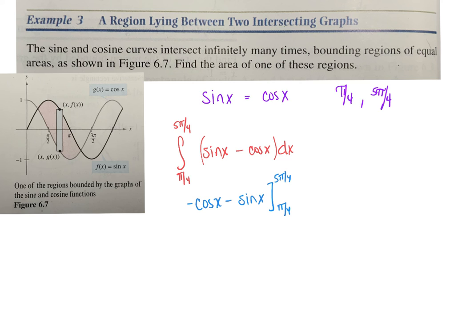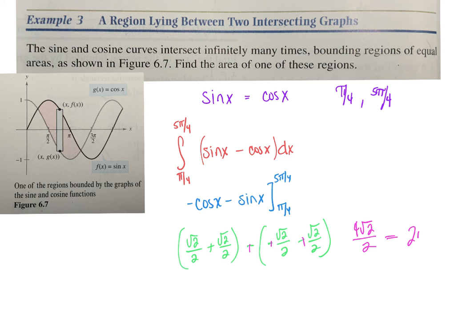At 5 pi over 4, your cosine's negative square root of 2 over 2, but we have a negative in front of it, so we have square root of 2 over 2. My sine is also negative there, so minus a negative, so plus square root of 2 over 2. At pi over 4, it is negative square root of 2 over 2, minus square root of 2 over 2. So if we do this through, we have 1, 2, 3, 4 square root of 2's over 2, which gives us 2 square root of 2.